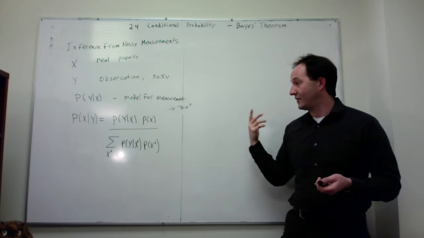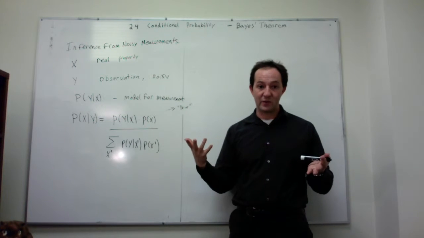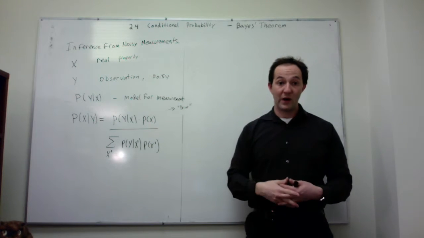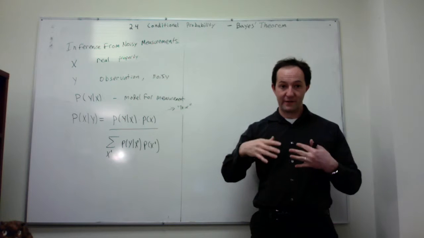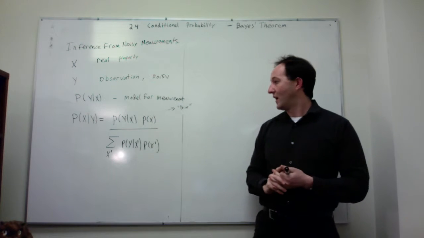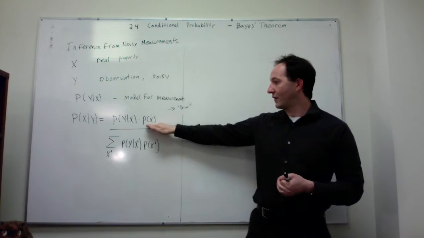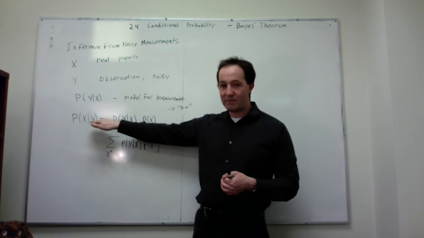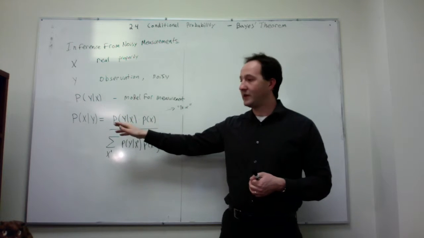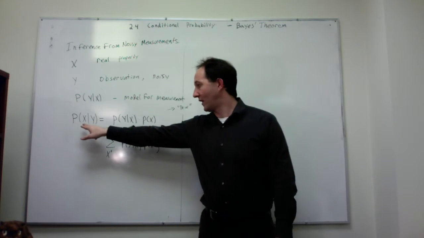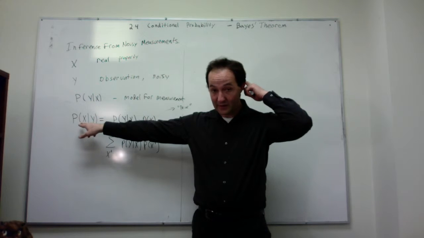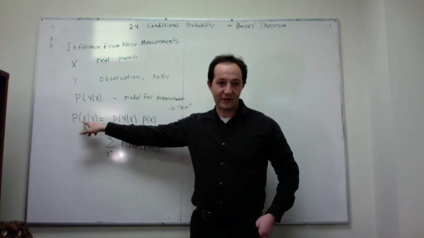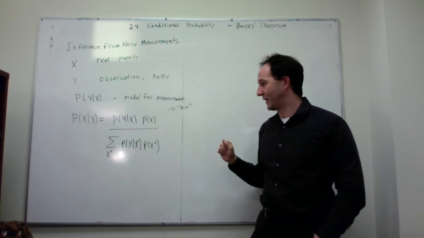So one interpretation of sensing the world in a Bayesian framework is to say, well, things in the world are random and they have some distribution. And if you can model that distribution P of X, then when you make a measurement of something in the world, you can then cook up this probability of the thing in the world having that particular value conditioned on the observation that you made.